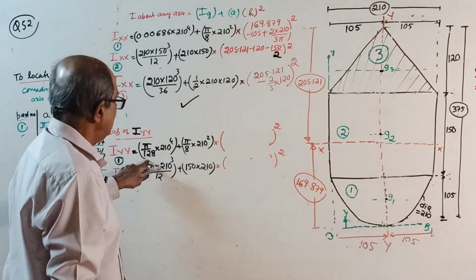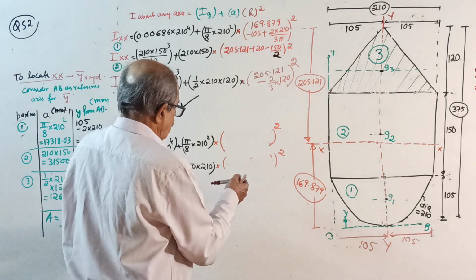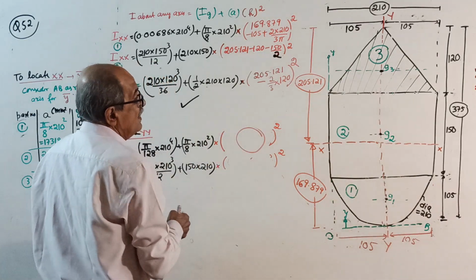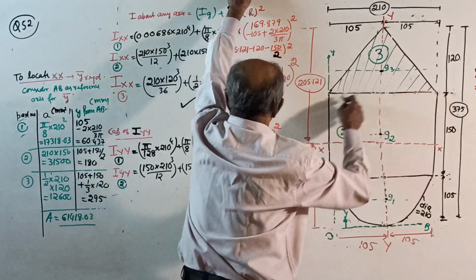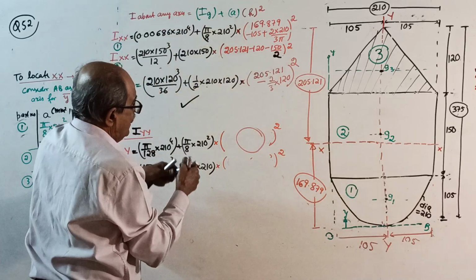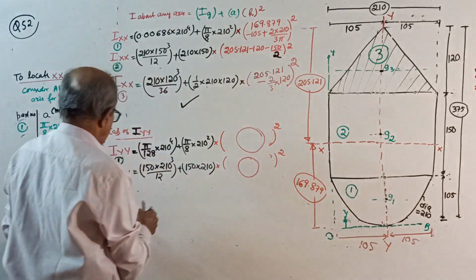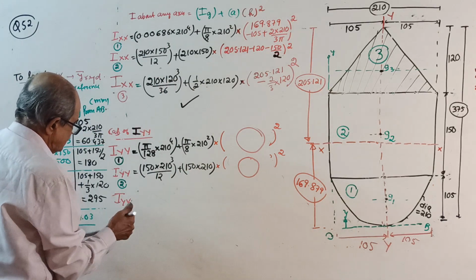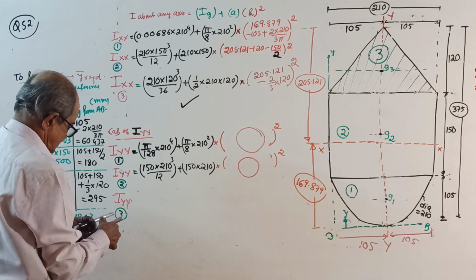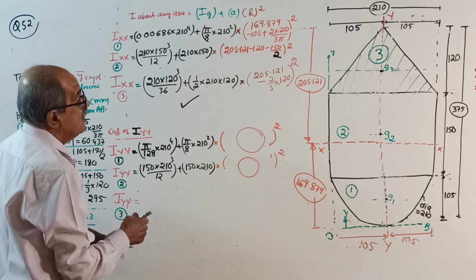So remember, start. I about its own axis. Pi by 128, 210 power 4 into 0 square here. Then 150 into 210 cube by 12 plus area into 0 square, IYY for 3. Now be careful.